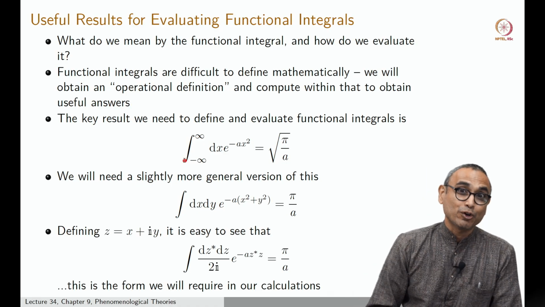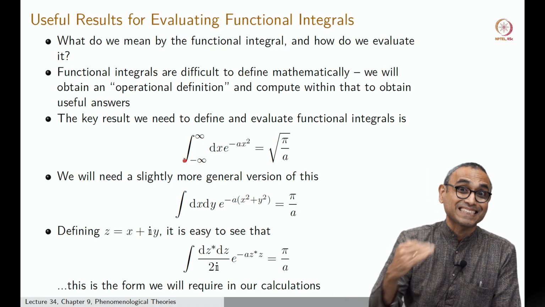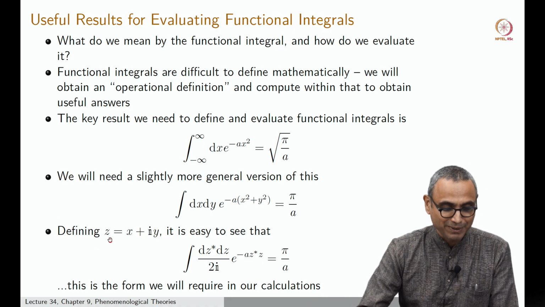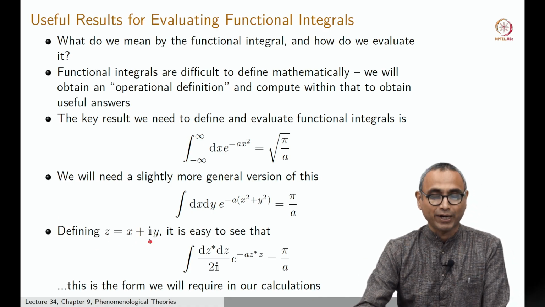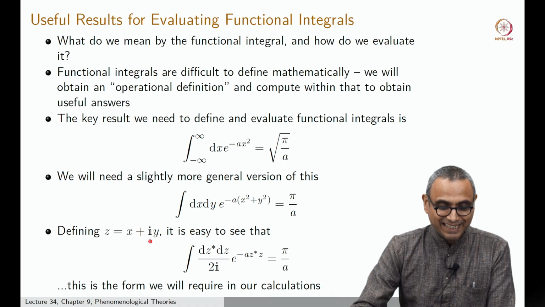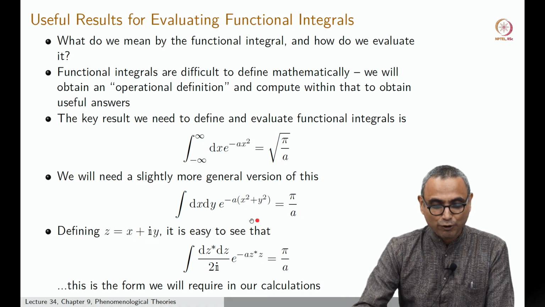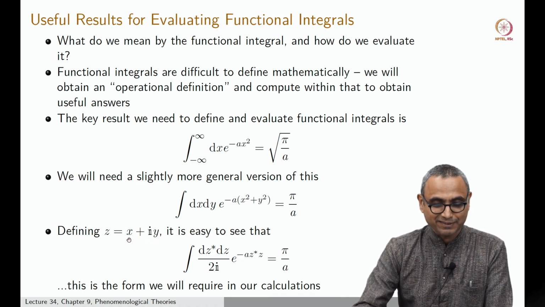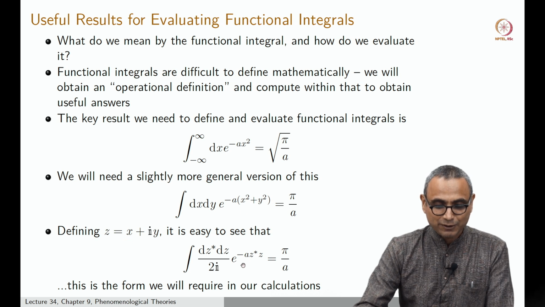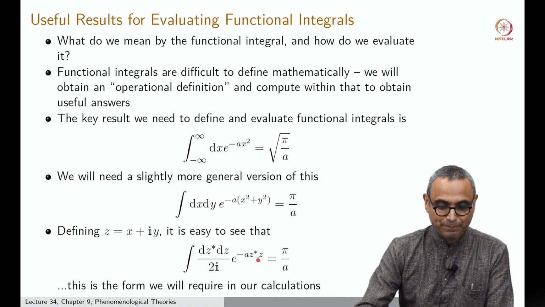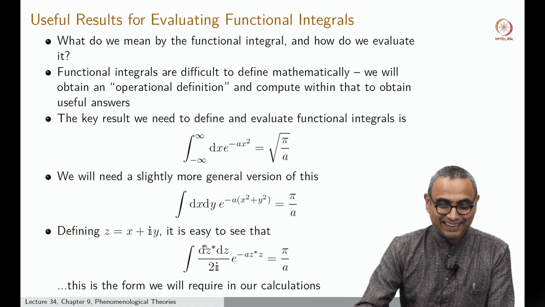What I'm going to do is introduce a complex variable, right? The complex variable z is equal to x plus iy, and I'm going to transform this integral into this complex variable. So x square plus y square becomes e to the minus a z star z, that's obvious. And this is the integration measure.